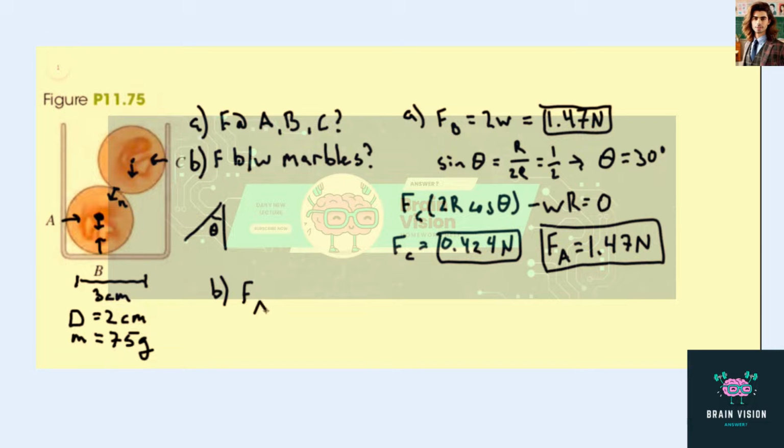So we have to have F sub A equal this normal force here times sine of theta, because we're only considering this marble now, and the only two horizontal forces acting on it are the horizontal component of this normal force and F sub A. So then the normal force is going to be equal to 0.848 newtons.